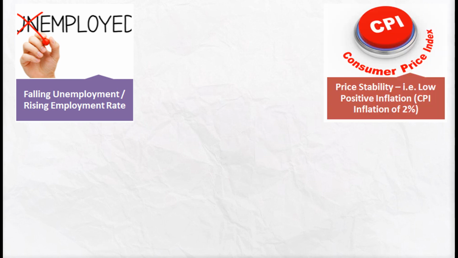Number 1 is full employment or reduced unemployment, where the government focuses on maintaining the employment level. Number 2 is controlled inflation or price stability, which we are discussing here.